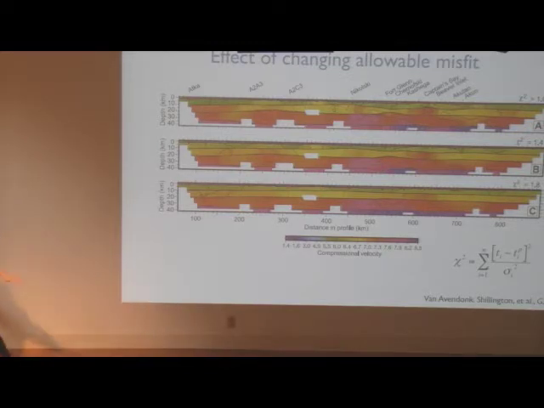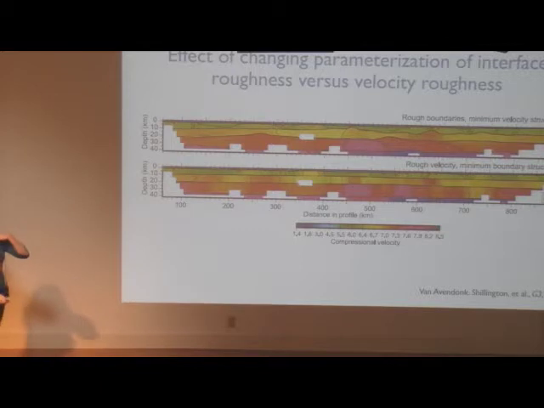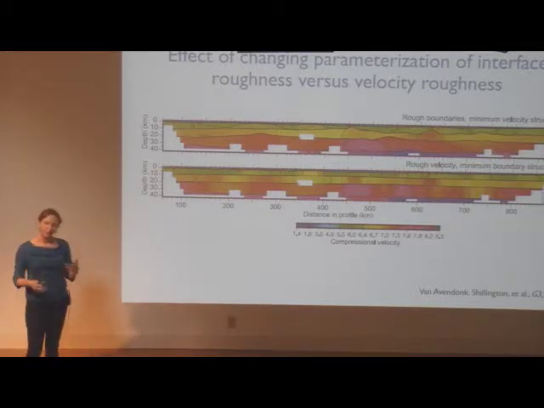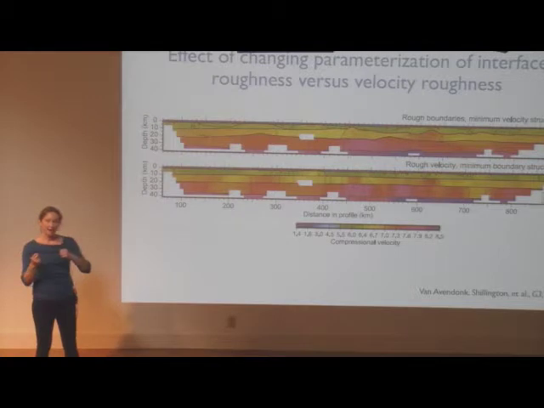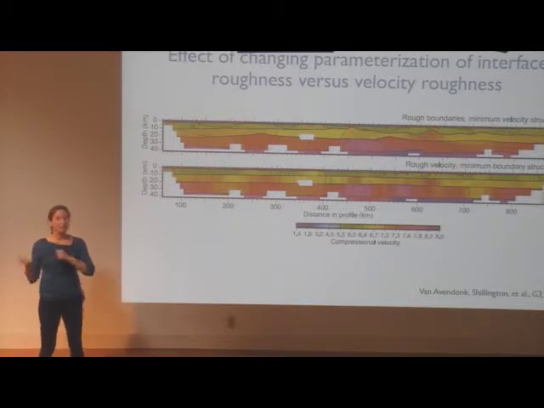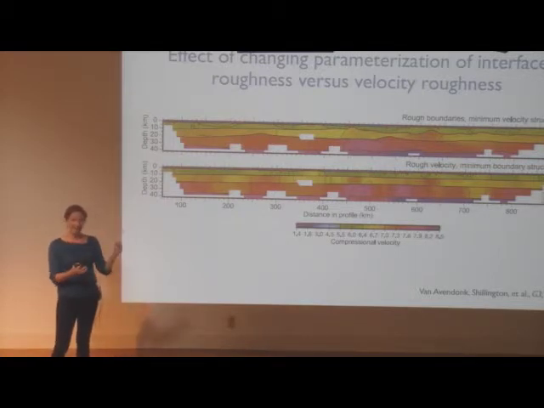But maybe a more instructive case is a common choice that we make in terms of smoothing in active source data sets, where you have some trade-offs. This model has 3 layers in the crust, and we've allowed there to be velocity discontinuities at those layers. To satisfy our data, in the most extreme cases, you could say, I would rather have really rough boundaries between those layers and really smooth velocities within the layers.